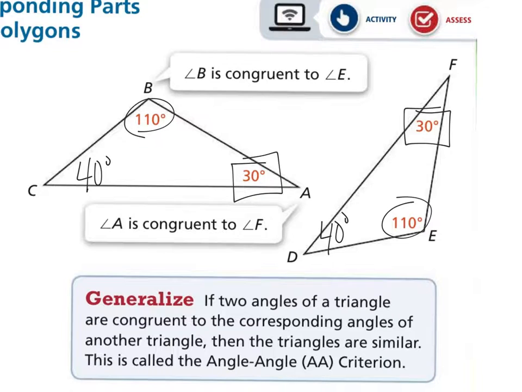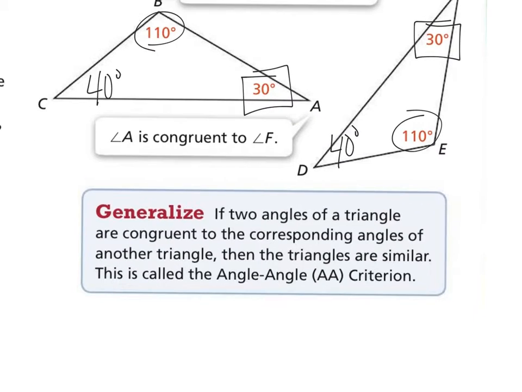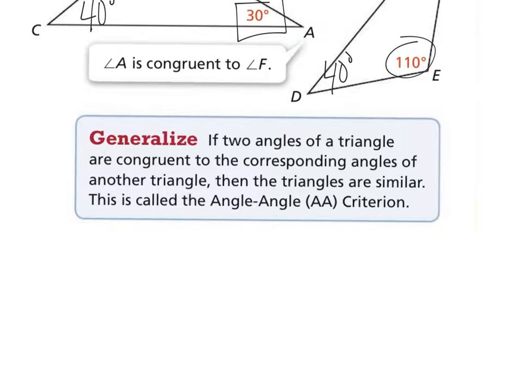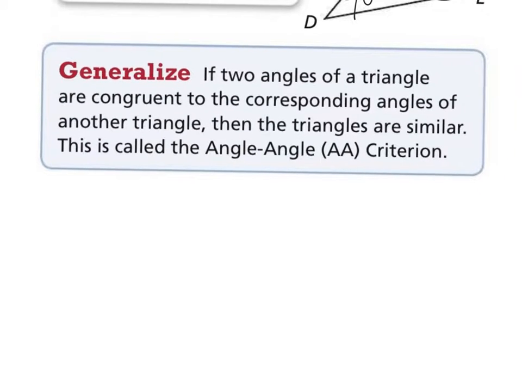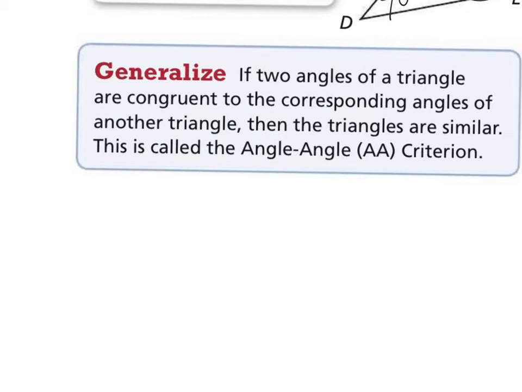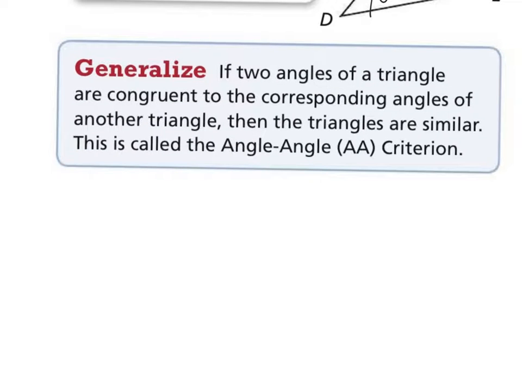Now the book mentions that even by two angles, if we have two angles that are congruent, then the triangles are similar. This only works for triangles.